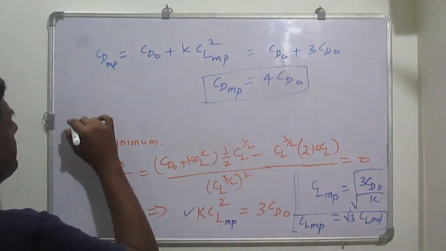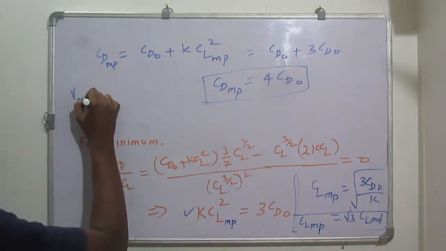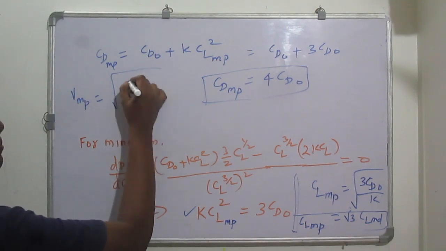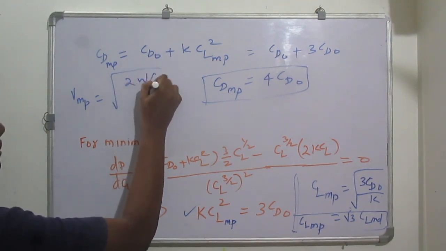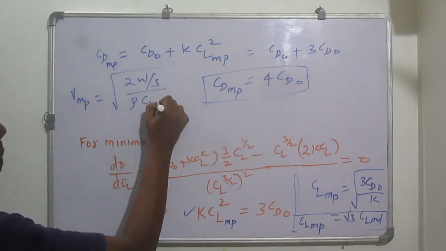Then velocity minimum power is the square root of 2W by S by rho CL minimum power.